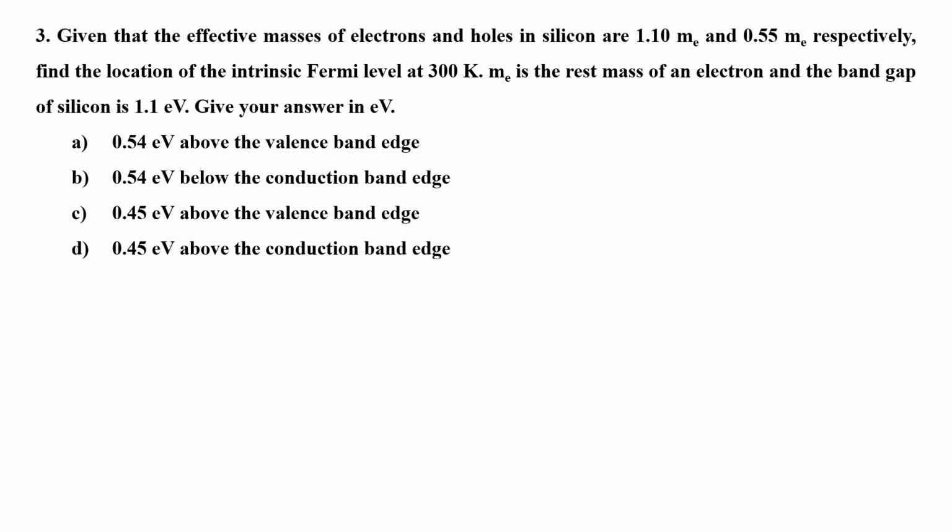So we can say that the Fermi level lies X value below the conduction band, or Y value above the valence band. Like that your options are given: 0.54 and 0.55 are the options, but you have to find out whether it is above the valence band or below the conduction band. The effective masses are given to you. You have to find the location of the intrinsic Fermi level at 300 Kelvin. Me is a constant. Band gap is given to you as 1.1 electron volt.